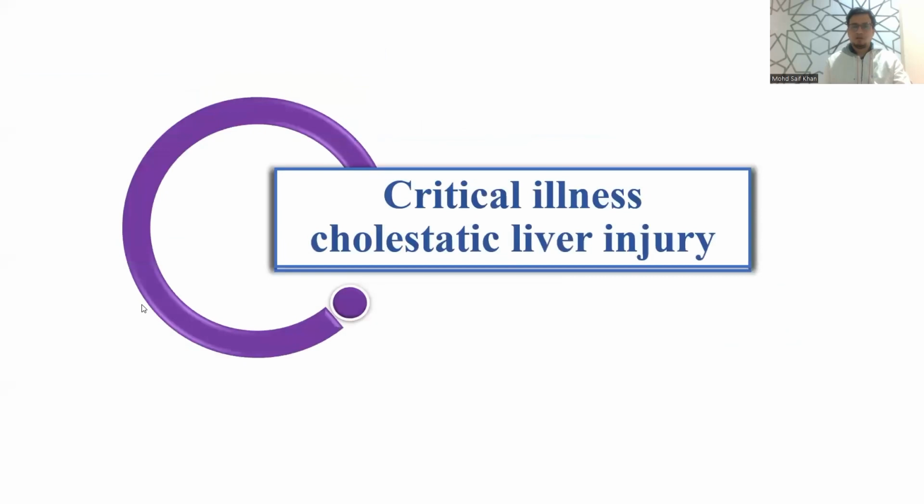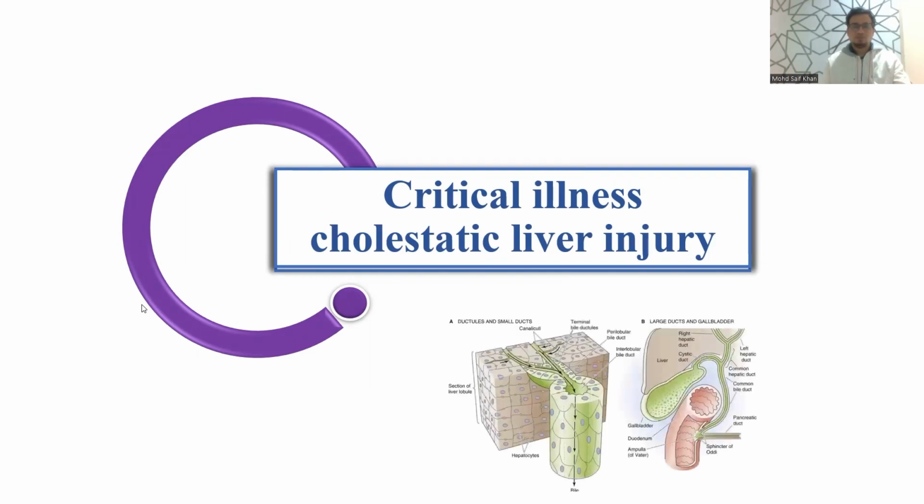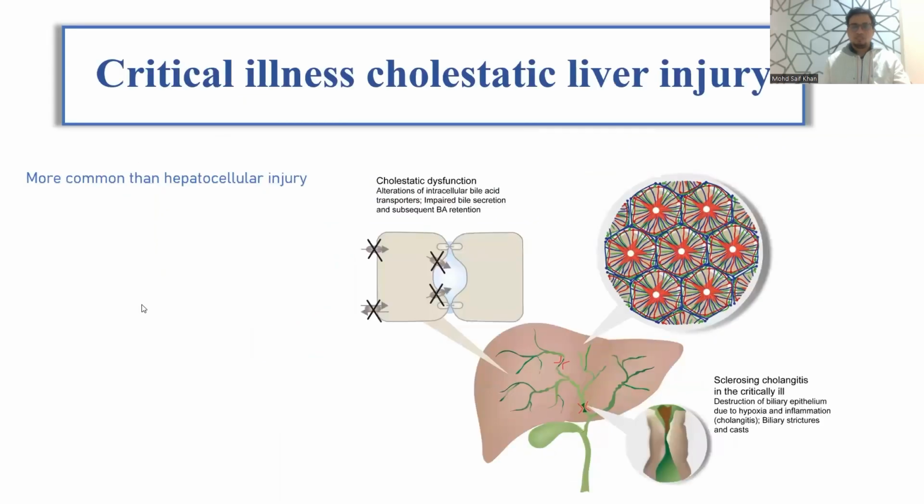Now, what is critical illness cholestatic liver injury? How common is it, and what are the main contributory factors in the ICU? That you must know. So critical illness cholestatic injury is more common than hepatocellular injury because it can occur in up to 20% of ICU patients, and there are various reasons for that.